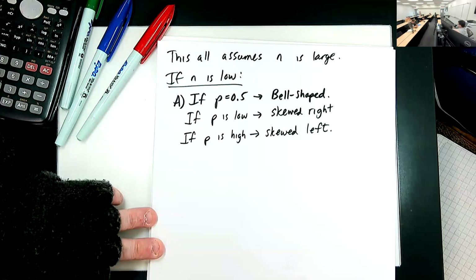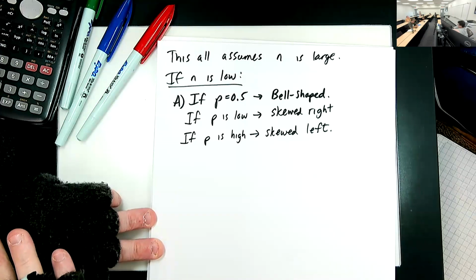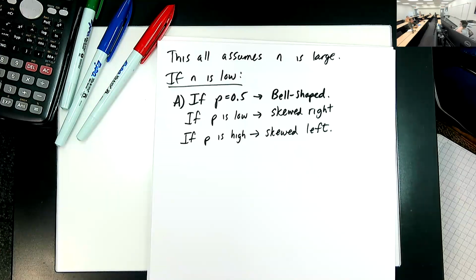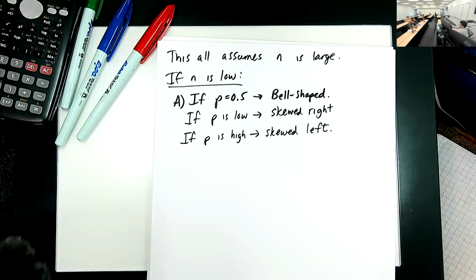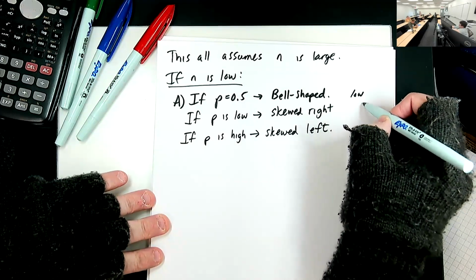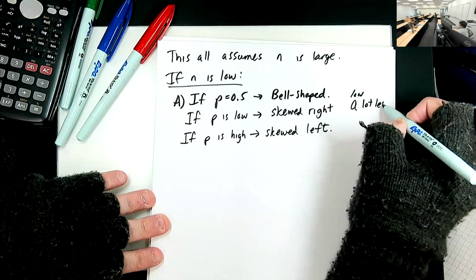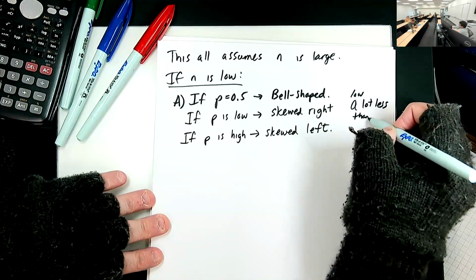So I'm guessing low is anything under 0.5 and high is anything over 0.5. Yeah. So low meaning a lot less than 0.5.